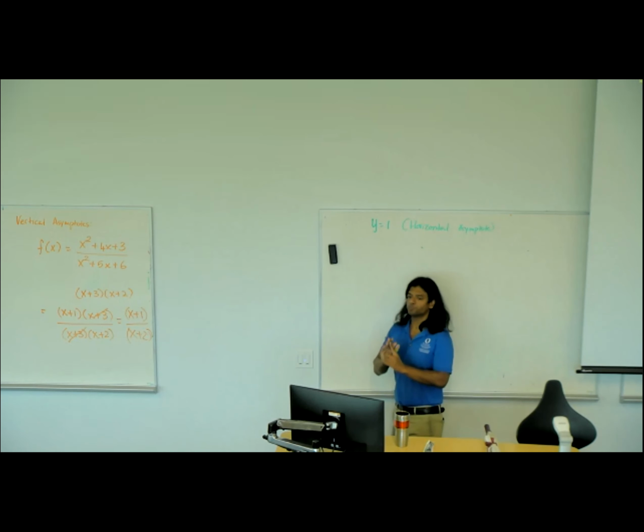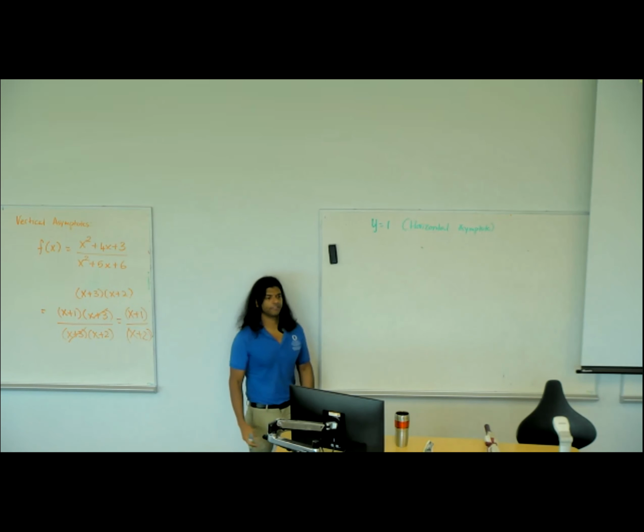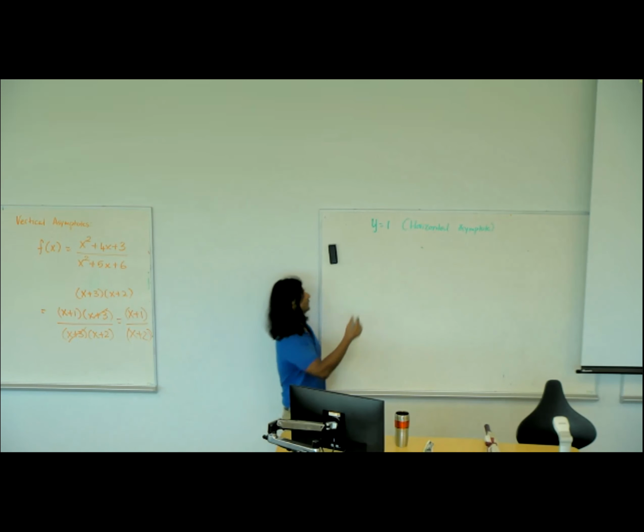And there is only one value where you would have a vertical asymptote. What is that one value? Negative 2.